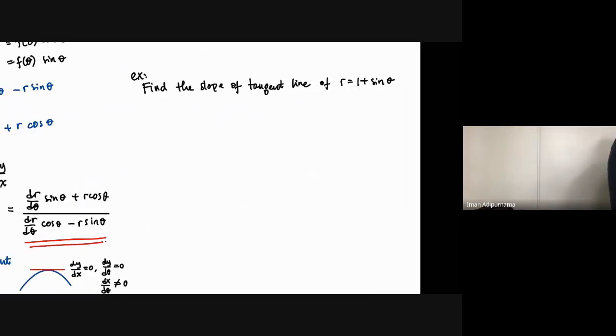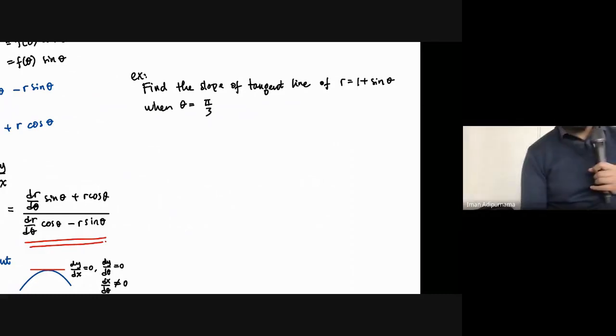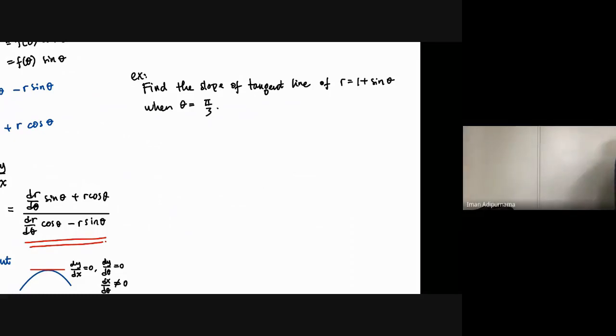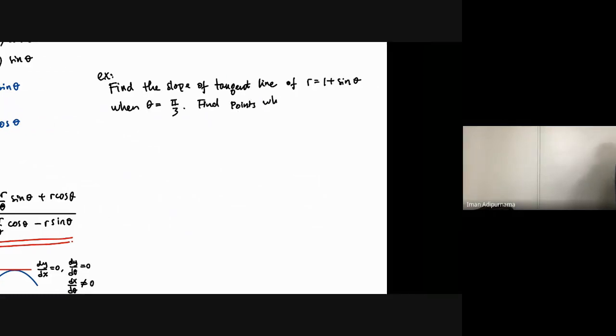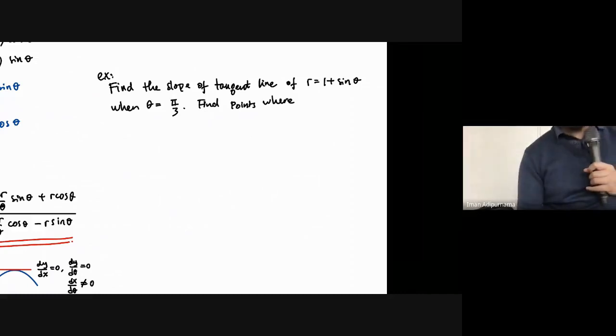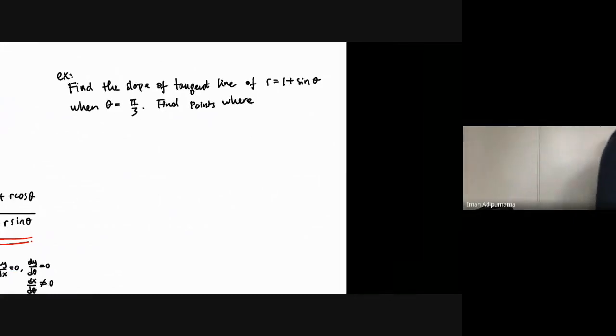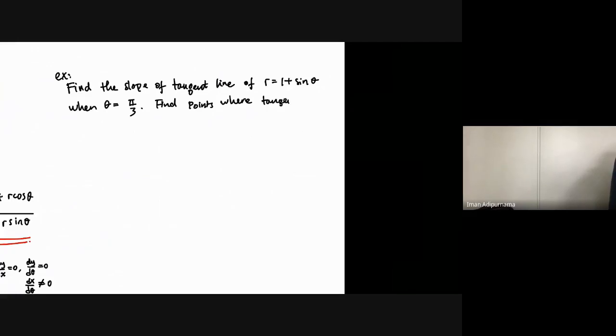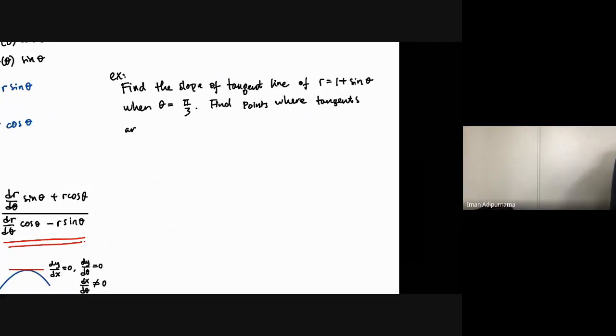So this is the curve. When theta is pi over 3, and then find points where tangents are horizontal and vertical.